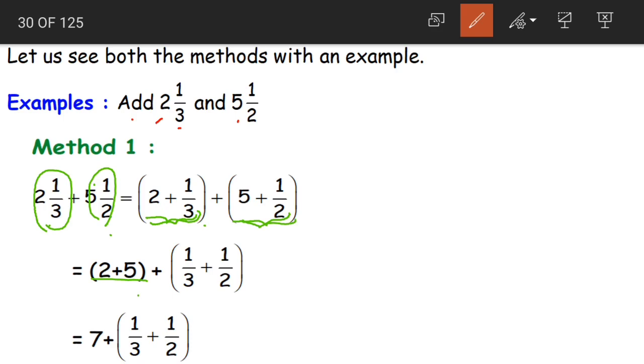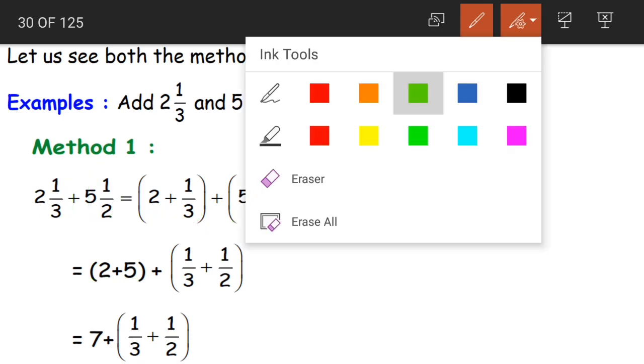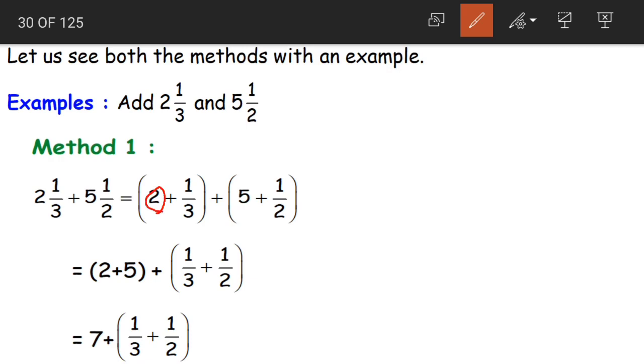5 1 by 2 is nothing but 5 plus 1 by 2. Now here we have two whole numbers, 2 and 5. Consider this as apple plus orange, apple plus orange. Now we can add the apples together and then the oranges together.